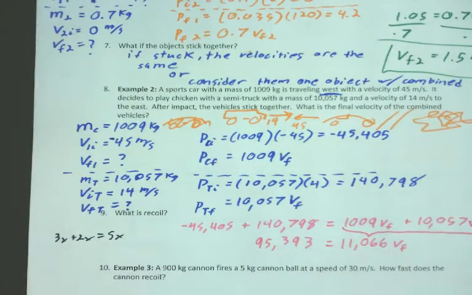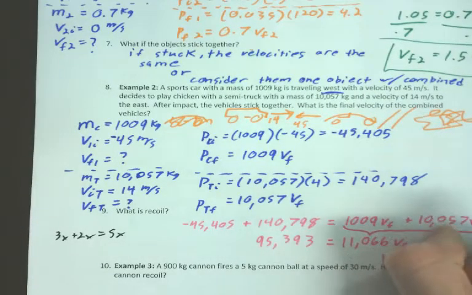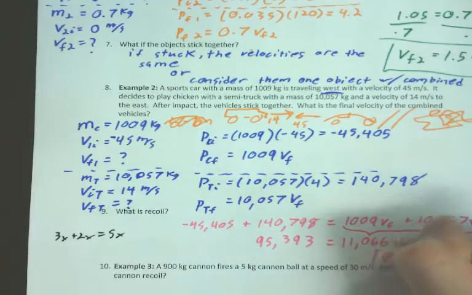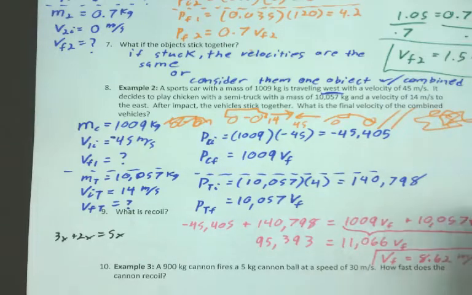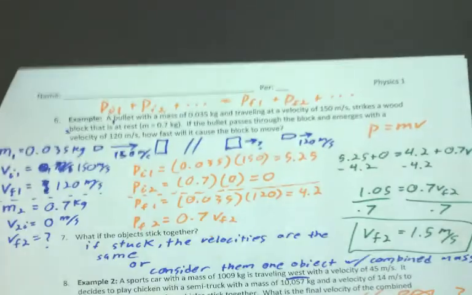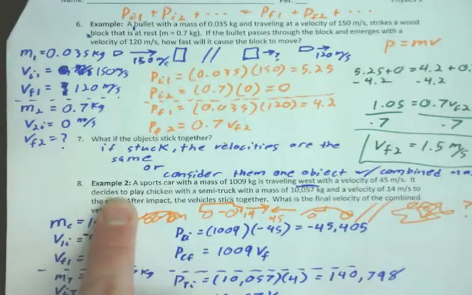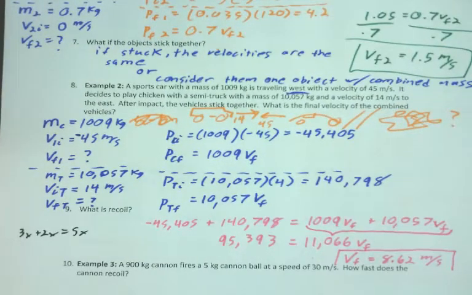Divide the 11,066 over to both sides, and we get our final answer, 8.62 meters per second. It's positive, which tells me it's going to the east, because that was the direction of the truck, and that's what we made positive. Oh, there we go. Okay. Questions on that one?